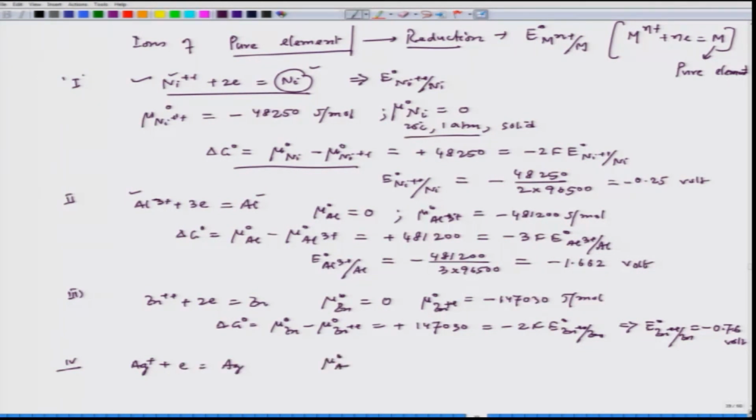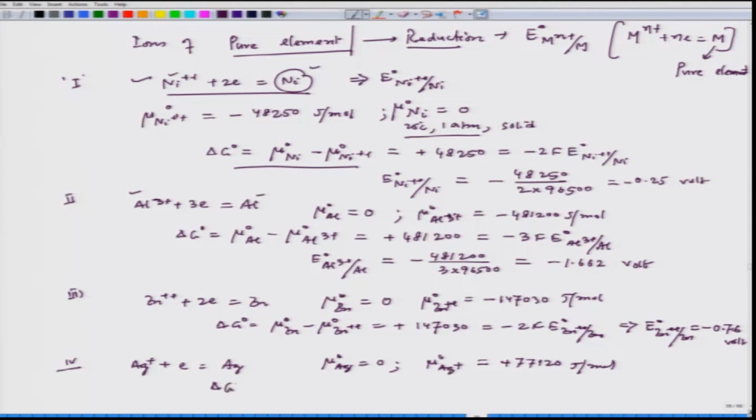Again mu 0 of Ag solid in standard state is equal to 0, and mu 0 of Ag+ is equal to plus 77,120 joule per mole.